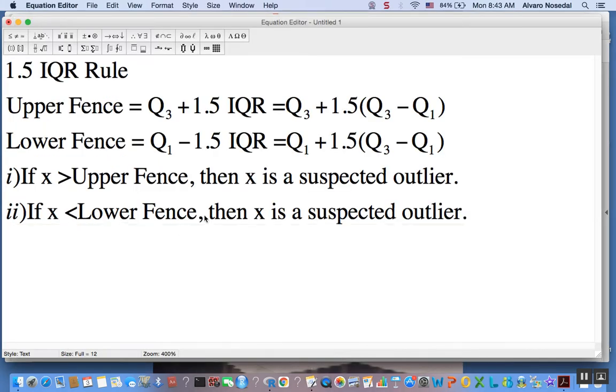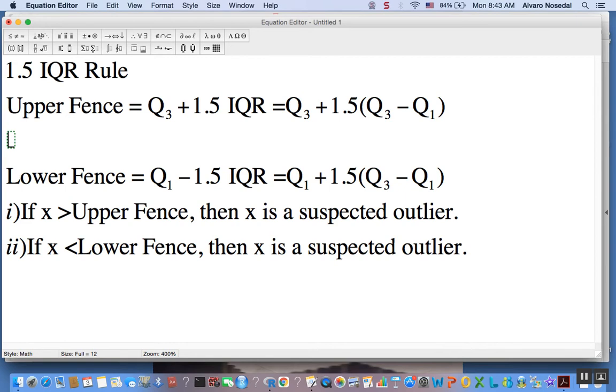Note that Q1 equals negative Q3, right? We just saw that for a normal.